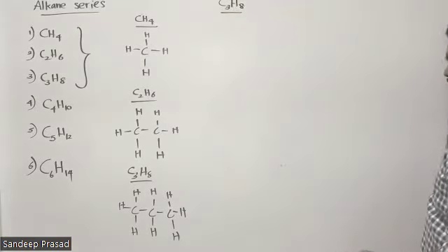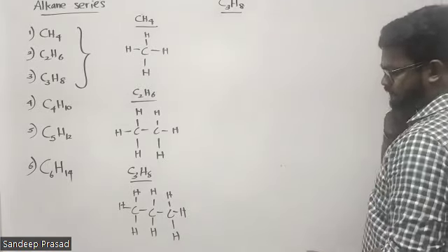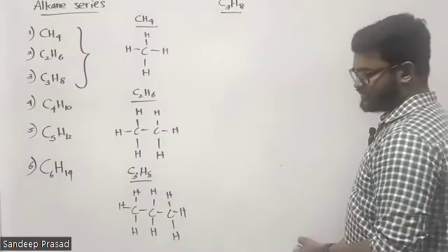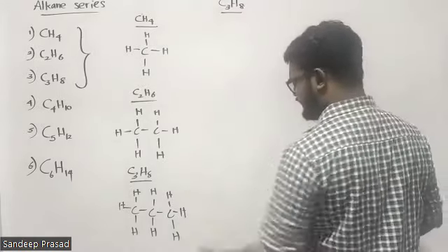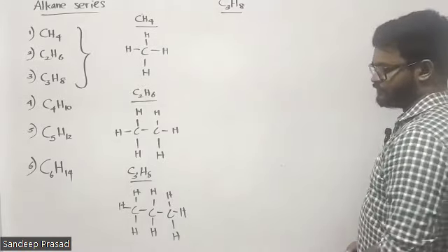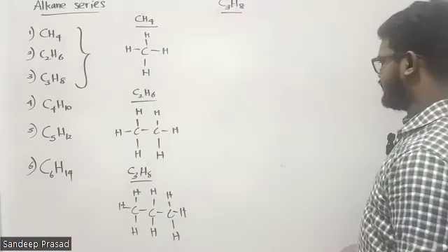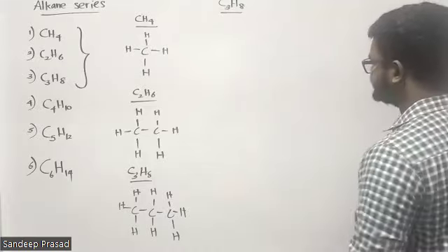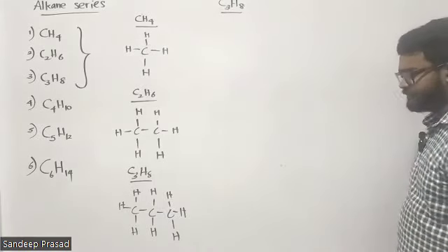Now I told you that we can't draw isomers for C3H8. I told you that this is the one and only structure that we can draw. Some of you are arguing, can't we do the breaking of branches, same as we did for butane?